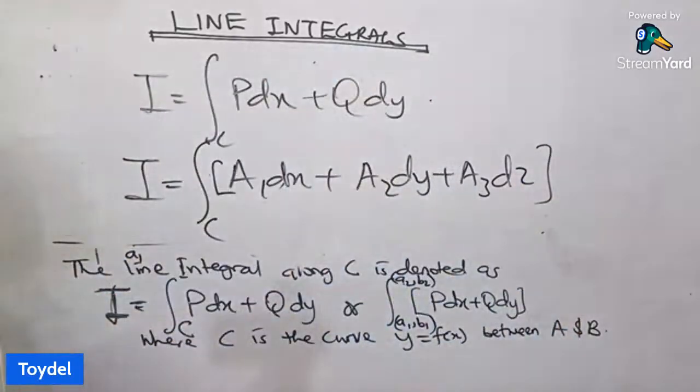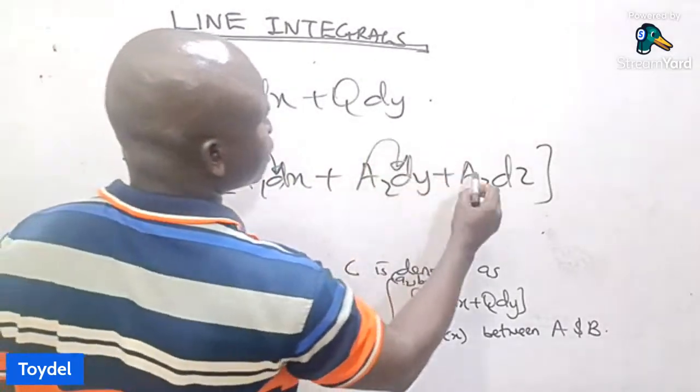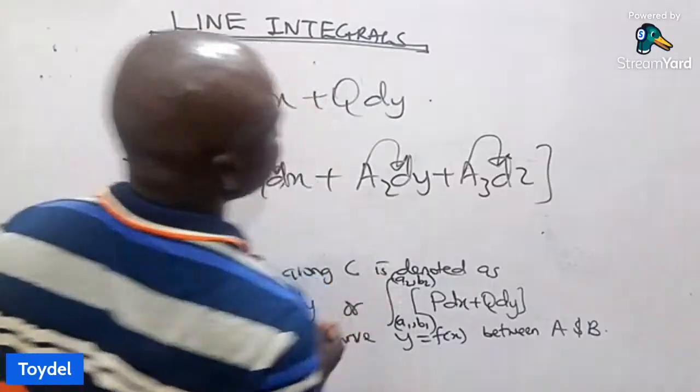This represents the line integral, where a1, a2, and a3 are functions of x, y, and z. In this case, a1 is a function of x, a2 is a function of y, and a3 is a function of z.